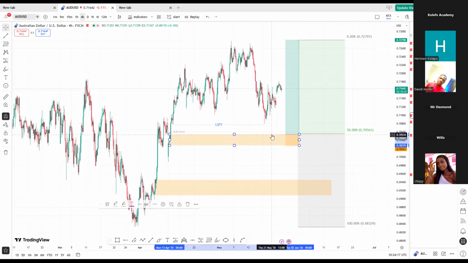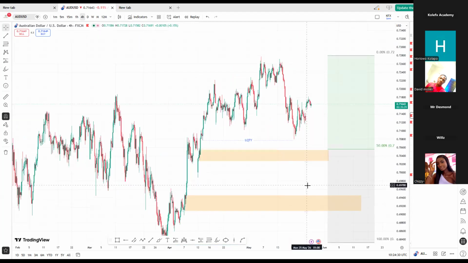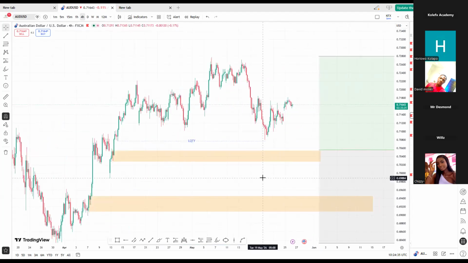So that means if the market gets back to this level here, looking at this liquidity area here, I'll be waiting for a lower time frame reaction within this particular range. Having said that, I also want us to look at the lower time frame, also on the 1 hour time frame.